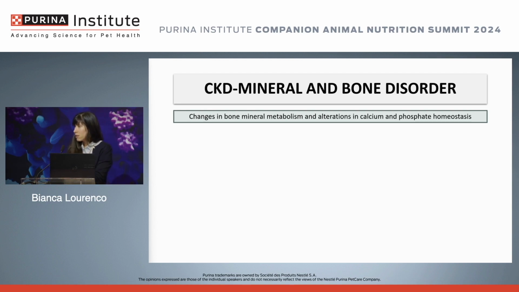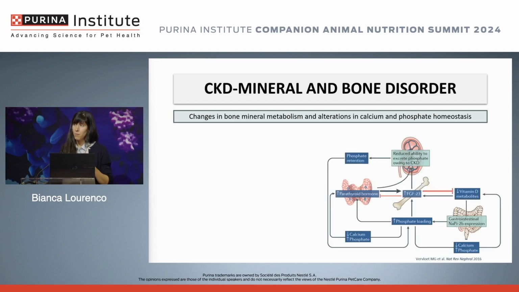These are really prevalent in people and animals with chronic kidney disease and seem to all stem from one thing, which is the renal inability to eliminate phosphate once you have a drastic reduction in glomerular filtration rate.